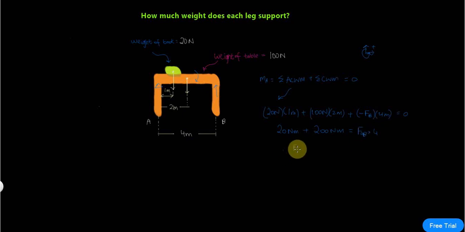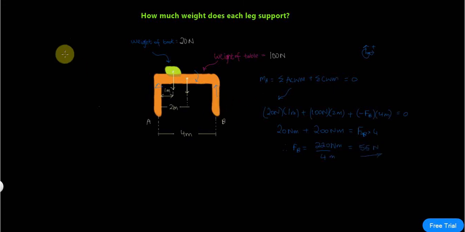Therefore FB is equal to 220 divided by 4, and that's Newton meters divided by 4 meters, and that's going to give me a final value of 55 newtons.